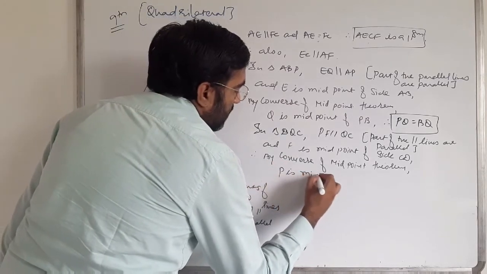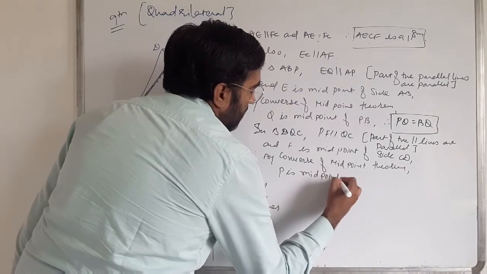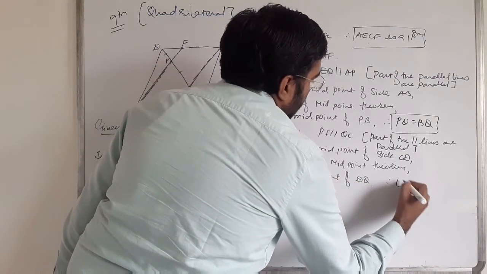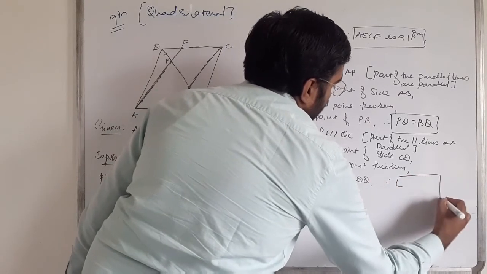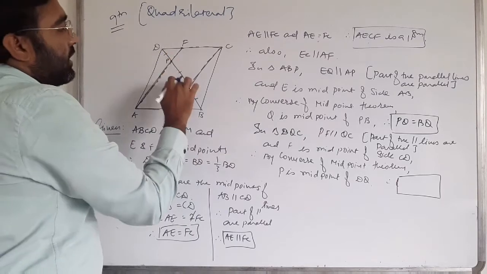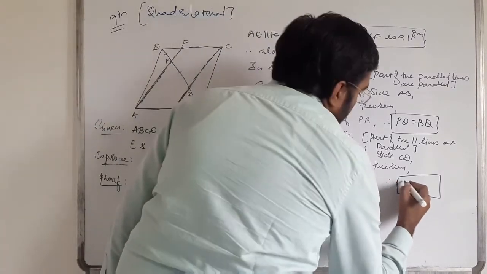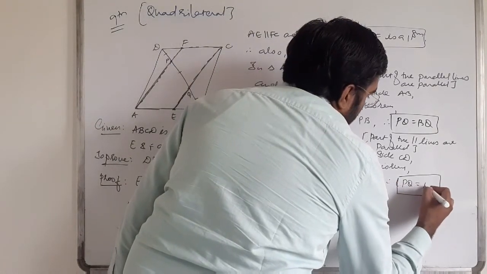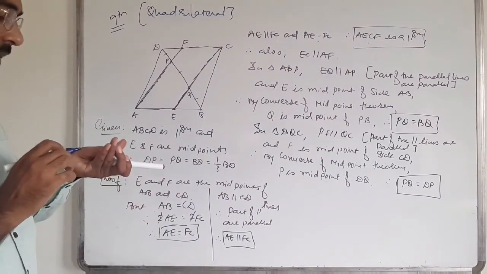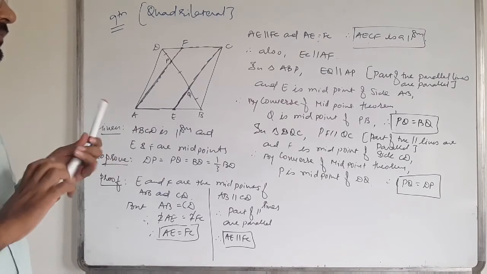Therefore PD is equal to PQ. Okay, PQ is equal to DP. Clear that?